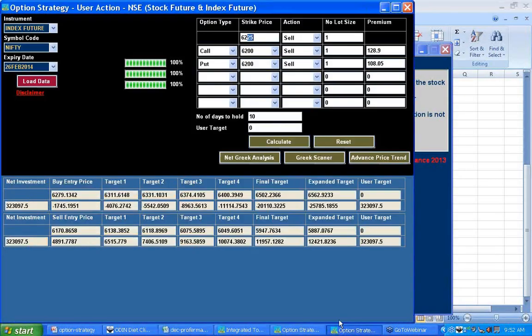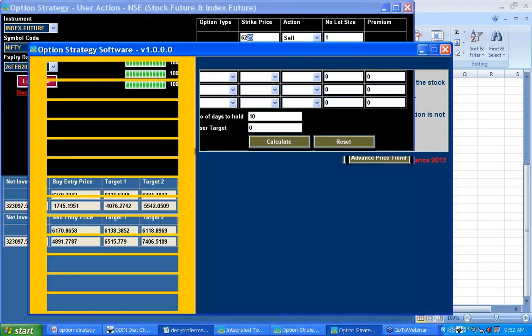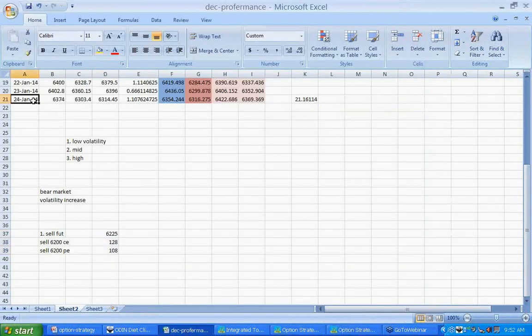However, one major aspect of my strategy is still open. If the price moves upward, then the call option is going to give me losses, and the future also is going to give me losses. This bearish trend, which started on 24th January and is continuing on 27th January, may not continue for another 10 days. So now I need to protect it.